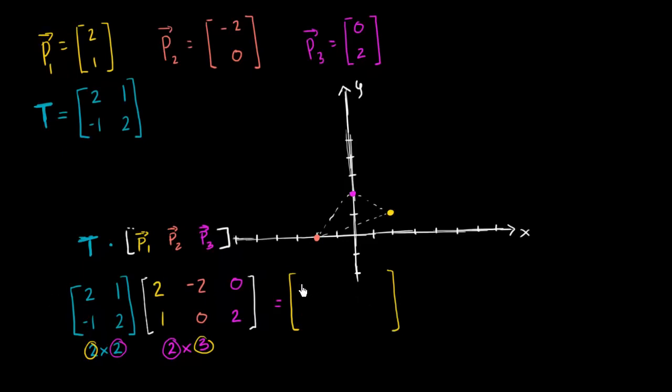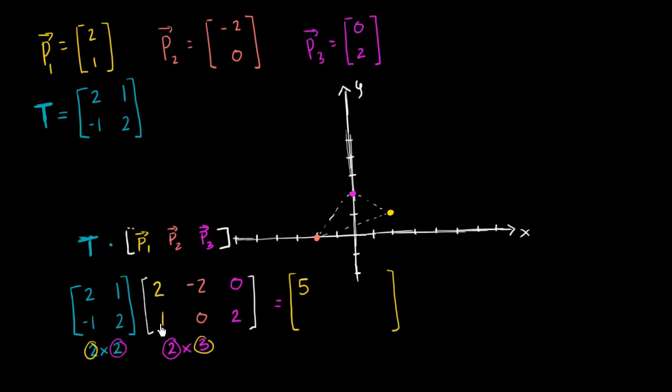So this first entry, first row, first column is this row times this column. So 2 times 2, which is 4, plus 1 times 1. So it's 4 plus 1, so this is going to be 5. -1 times 2 is -2, plus 2 times 1, plus 2.